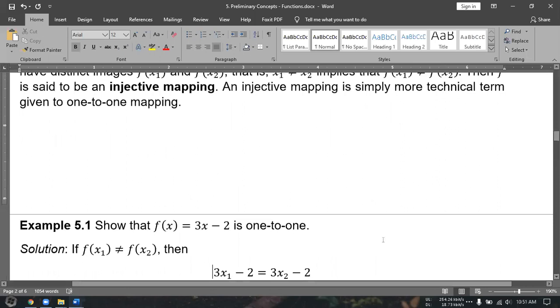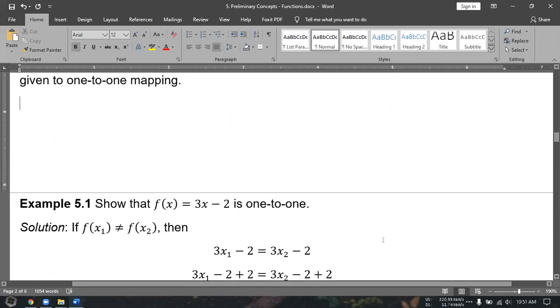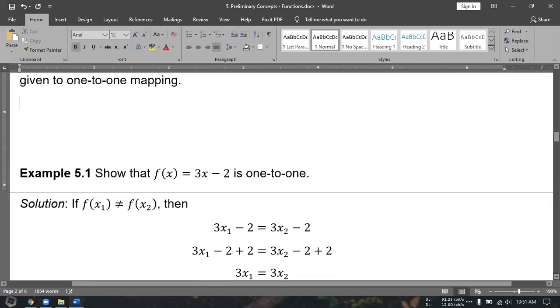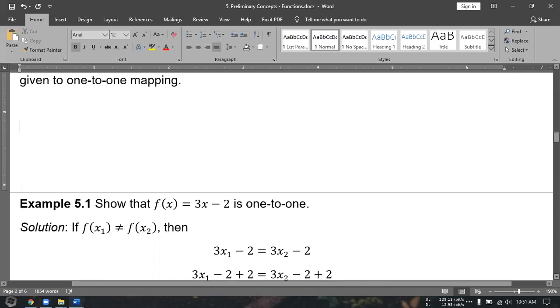Example. So, given all those definitions, definition ng one-to-one, the domain, the range, and injective mapping, let's try to show that f of x is equal to 3x minus 2 is a one-to-one function.